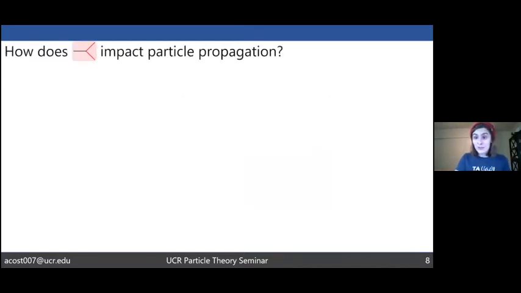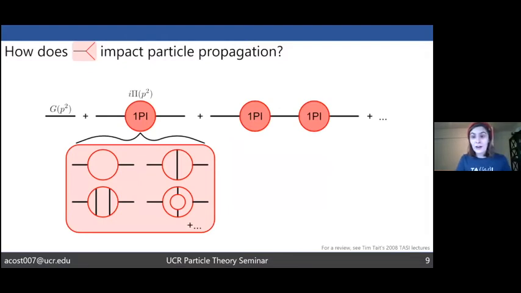And the way to do this is to sum up all of these corrections in a series. This is called resummation. And what we do is we add all the contributions to the two-point function. First, we have the bare propagator. Then we have propagation, but we put a 1PI diagram in. Then we put 2 and so on and add all of these up.